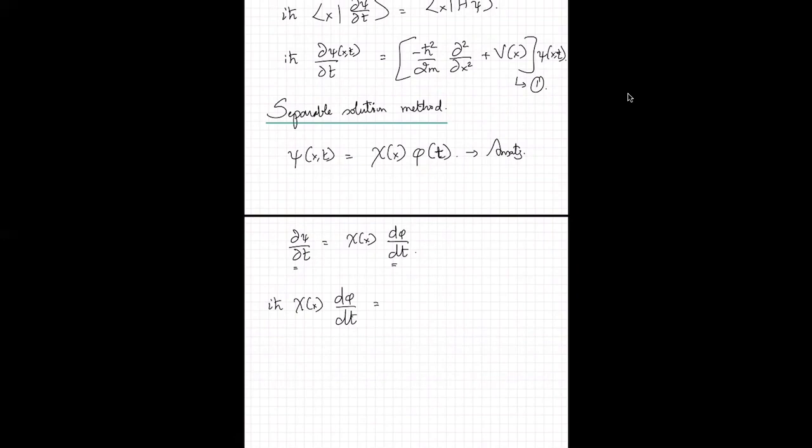It doesn't know anything about the phi, so I can treat the phi as a constant as far as the spatial derivative is concerned, and I can write this as minus h bar squared over 2m. And since chi is only a function of x, I can write this as a total derivative, d squared chi over dx squared, plus some function of x times chi. Okay.